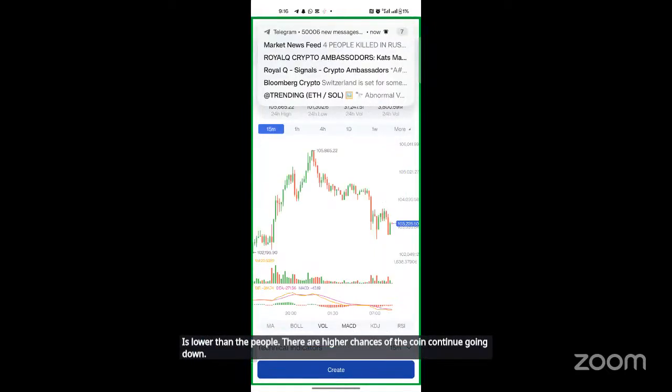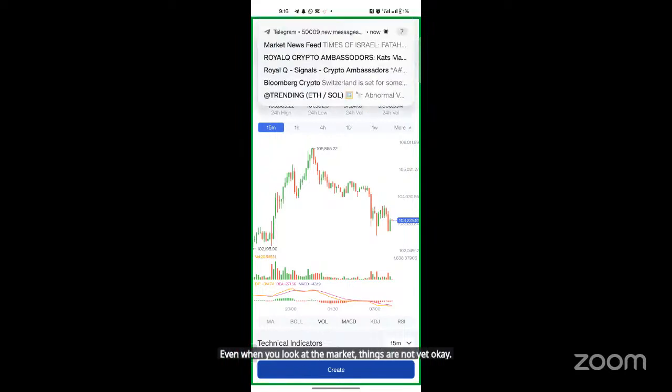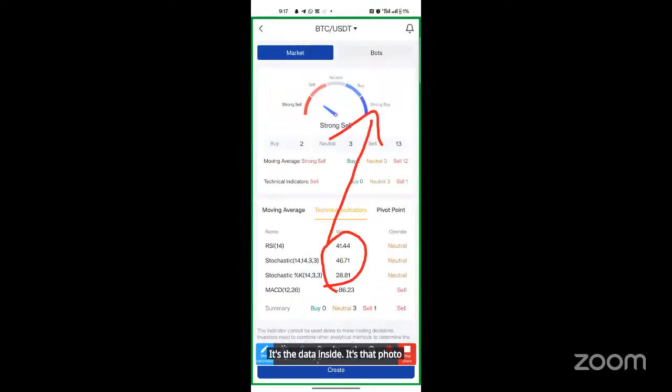Even when you look at the MACD, things are not yet okay. KDJ crossed. RSI 42. Then I come here on technical. The RSI is at 41. Not in overbought. It is not in oversold. Am I right? The coin is not in overbought. The coin is not in oversold, meaning there is some opportunity.